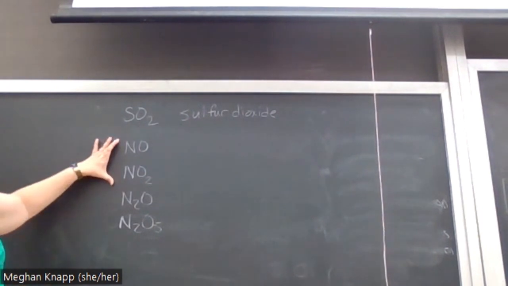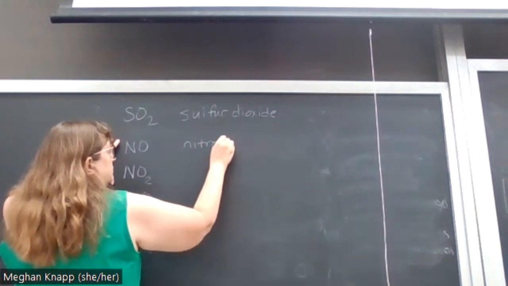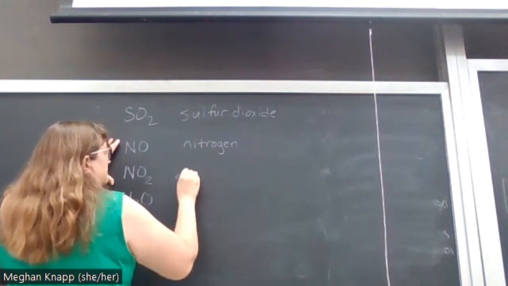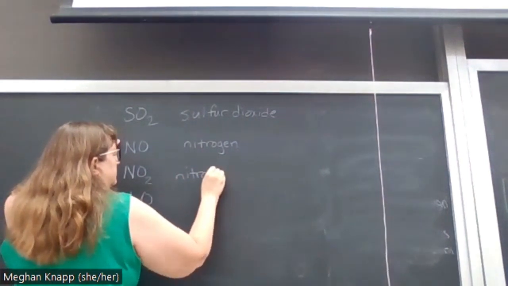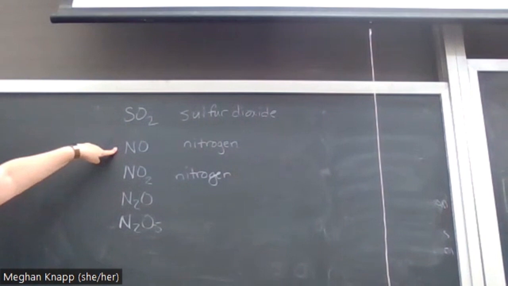Now for these two, we only have one nitrogen, so we're not going to use mono. We're just going to start with nitrogen. So the top one is nitrogen monoxide.